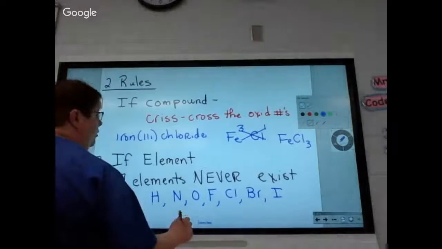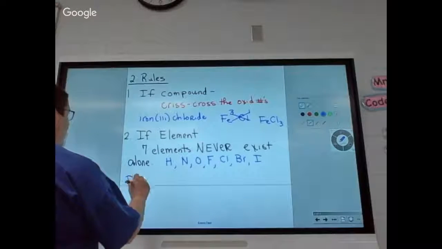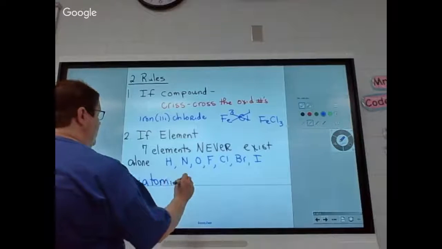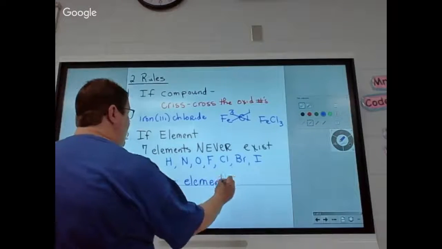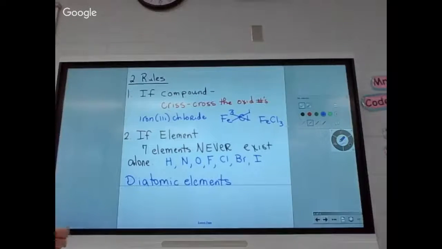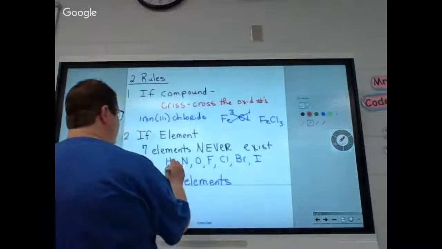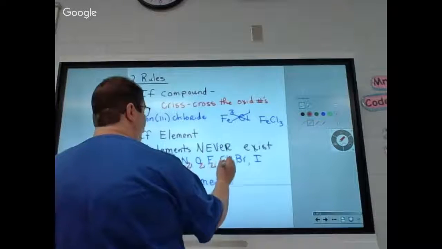So we make them diatomic. We call these diatomic elements. Now, if they're diatomic, what do we put on them? That's right. So we add a little 2 on these elements.